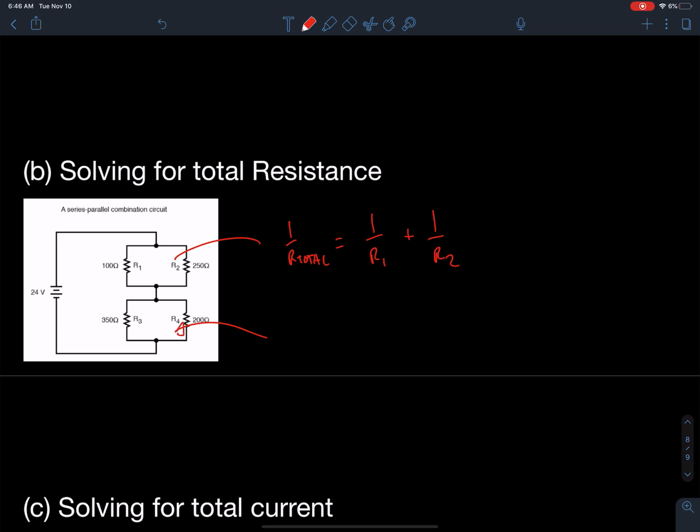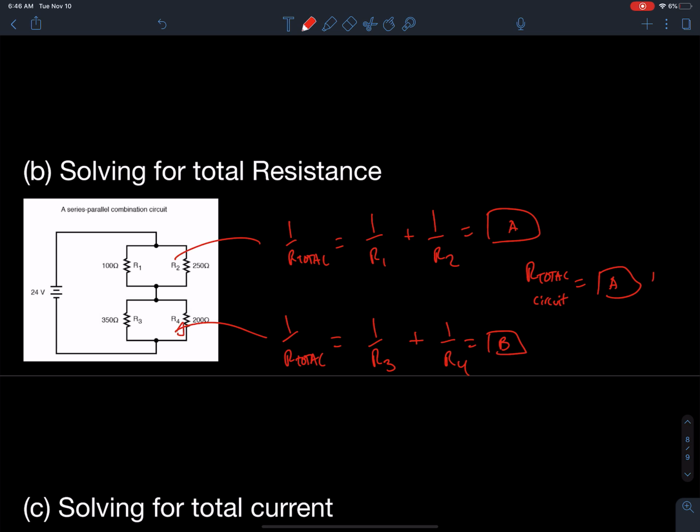For the other branch, 1 over R total is equal to 1 over R3 plus 1 over R4. Then let's call that A and that B. R total for the entire circuit is the resistance of A plus the resistance of B.